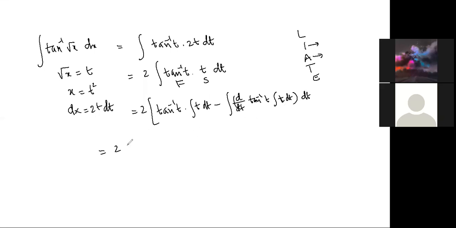So that became 2 into tan inverse t into t square by 2, minus derivative of tan inverse t, 1 upon 1 plus t square, into t square by 2 dt.